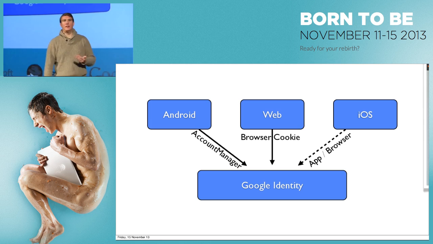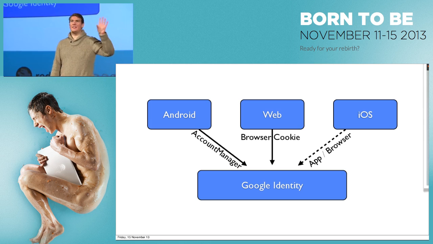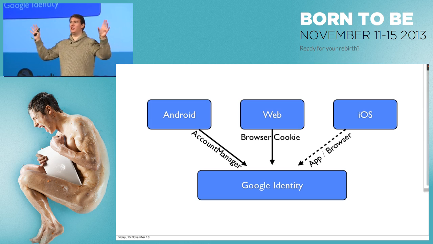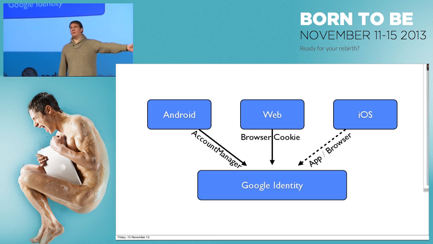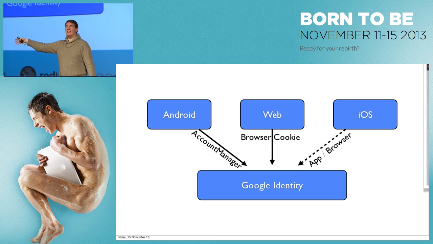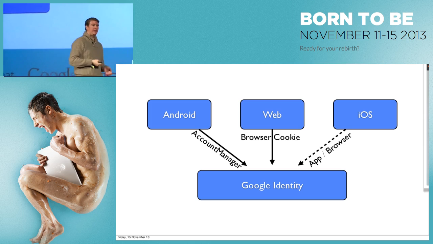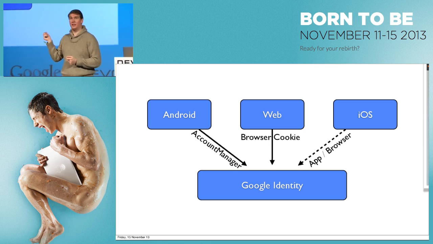And silently, we can check that. We can see, has this user granted access to this application? If they have, we can just sign them in. So even if I come back a year from now, having signed in today, I come back a year later and sign in again, I don't have to press anything. I'm just there. I'm just signed in. No cookies, but I'm just signed in because I've got that ambient identity with Google.